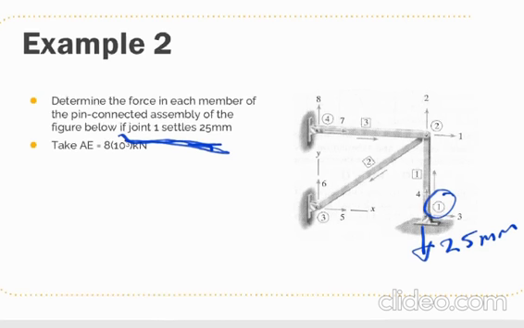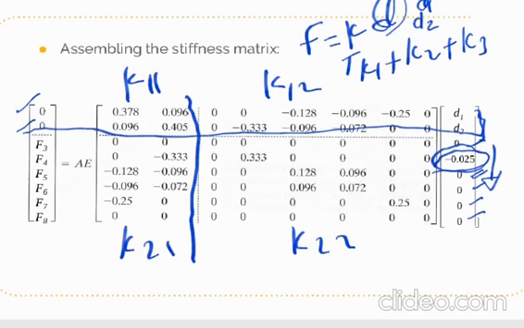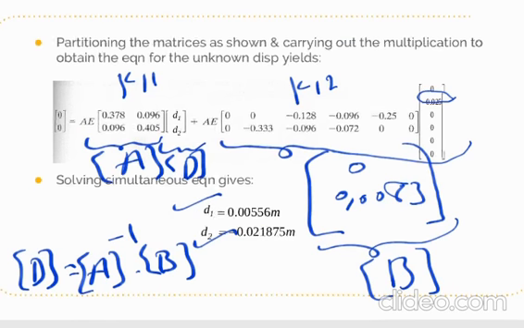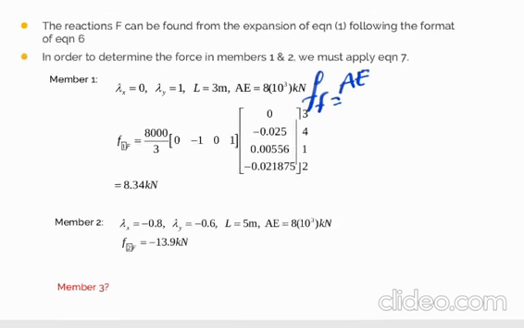Yeah, in the example here, it's given AE is constant, 8,000 kilonewton. So here AE is given 8,000.